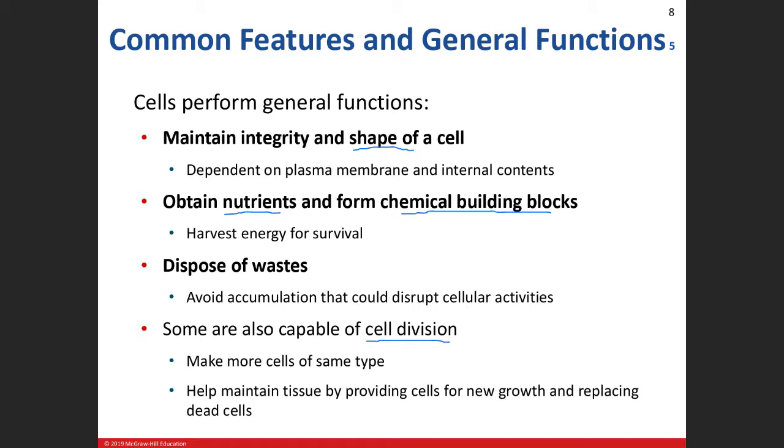But obviously, like our skin cells, we need those to undergo division, especially when we're growing, and we want to make more cells of the same type, so we are able to grow from an infant to a toddler to a child to a teenager to an adult. But also, if cells get damaged, then we actually need to replace them.